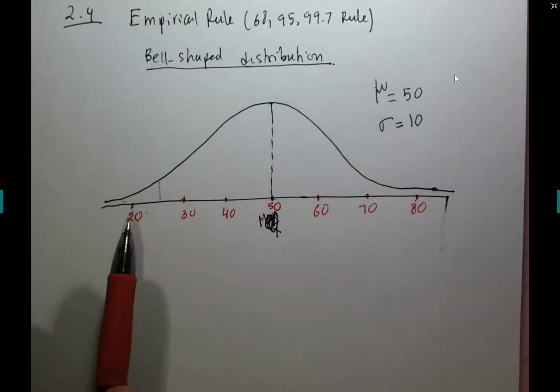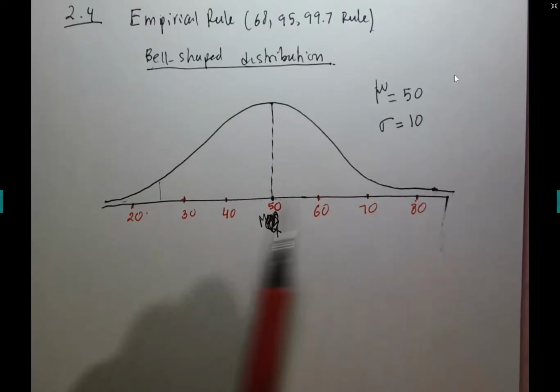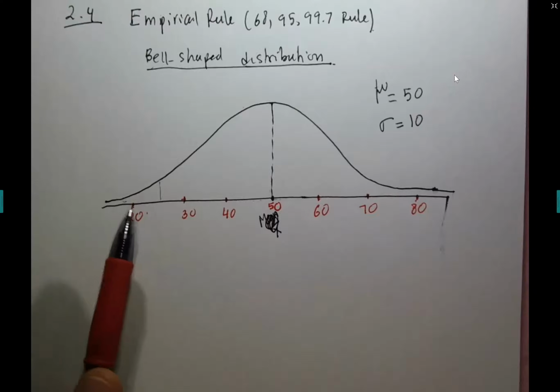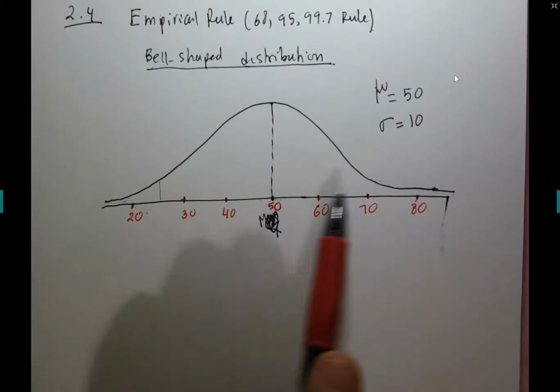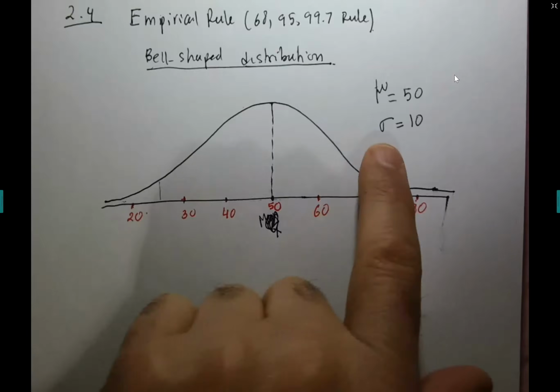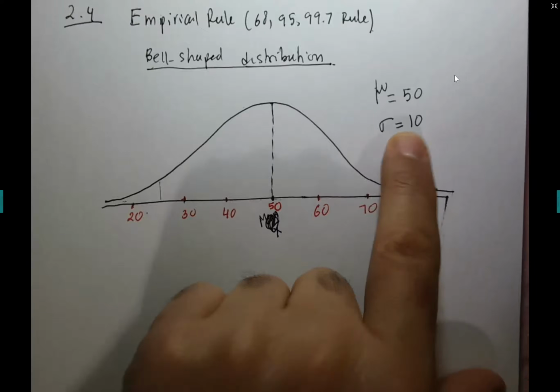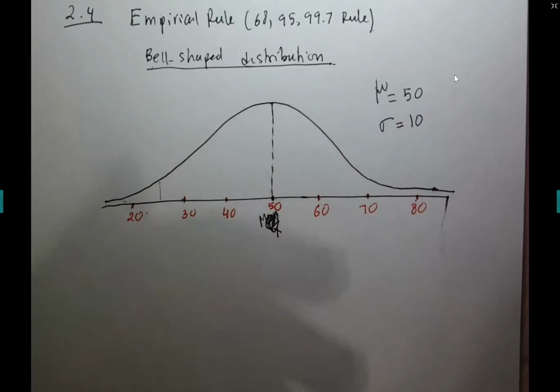So it seems to me, guys, like from 20 all the way to 80, we cover almost the entire data set, except for a little bit on the tail to the left and a little bit on the tail to the right. But the standard deviation is 10. And the standard deviation, guys, tells you how far data values deviate from the mean.